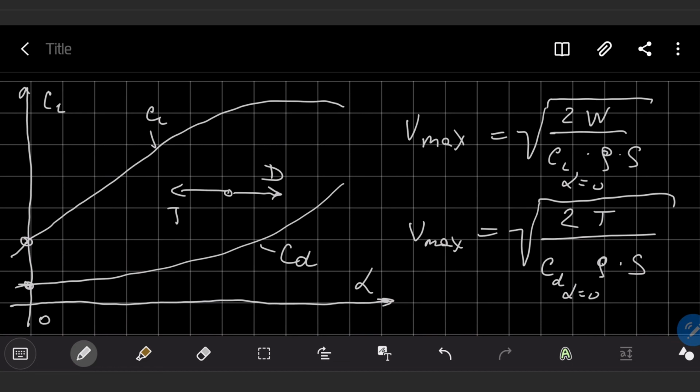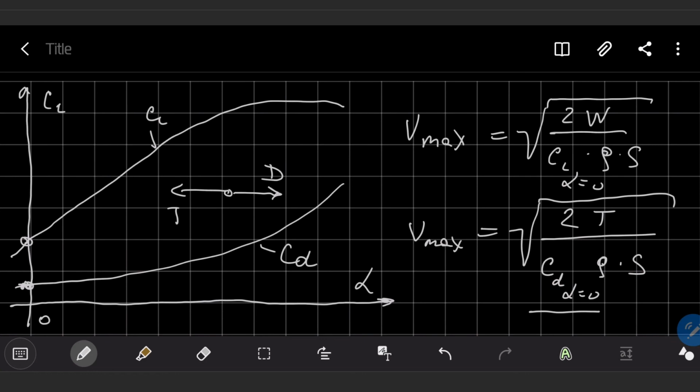But what is important here, if we analyze the second formula, we will see that this CD for alpha equal to 0 is actually the minimal possible drag coefficient. So it means that we can reach maximum possible velocity at these conditions. Since it's minimal in the denominator, the ratio in this formula has its maximum value, so we are reaching maximum possible velocity.